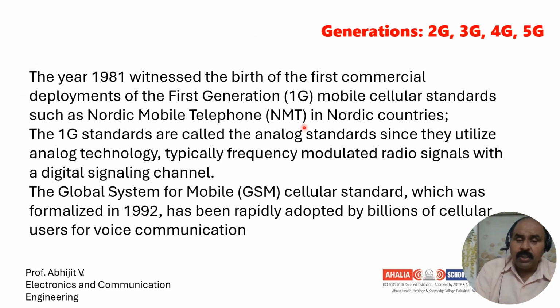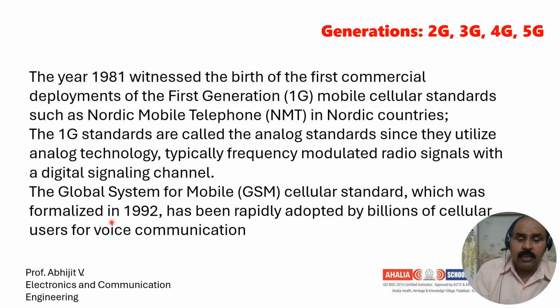So the first commercial deployment of wireless communication started then, and it was called the first generation of wireless communications. The first generation 1G standards are called analog standards since they utilize analog technology, typically frequency modulated radio signals with a digital signaling channel. So in the first generation, primarily we used ordinary sinusoidal signals modulated using frequency modulation.